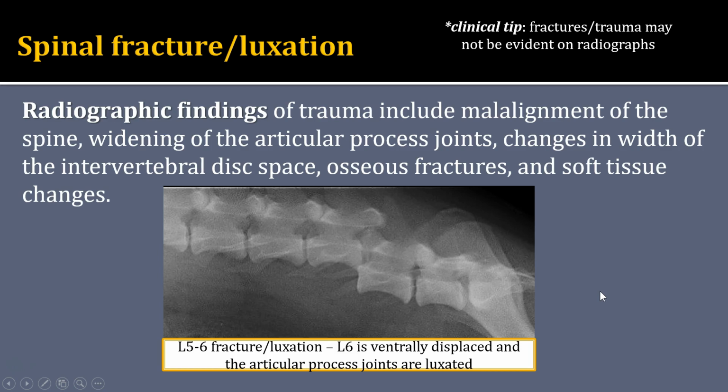So in this lateral view of this patient, you can see that L6 and 7 are definitely ventrally located relative to the rest of the lumbar spine. The articular process joint is completely luxated on both sides. And then there's some severe narrowing of that intervertebral disc space.